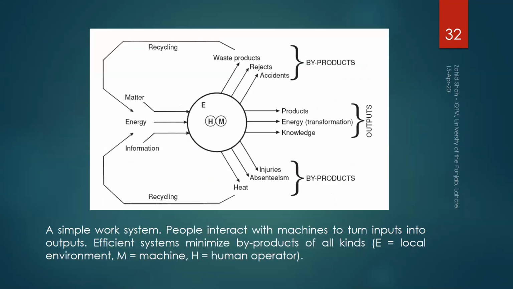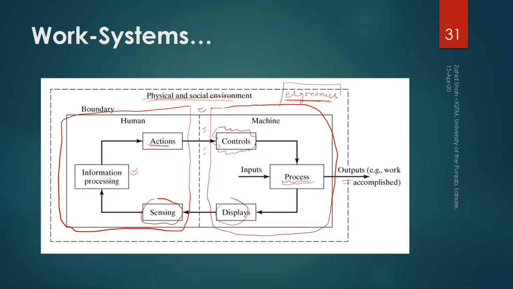The same thing can be shown in another way as well. So again, we have human, machine, and environment. And there are certain, of course, inputs. So we are sort of expanding this side a little more.